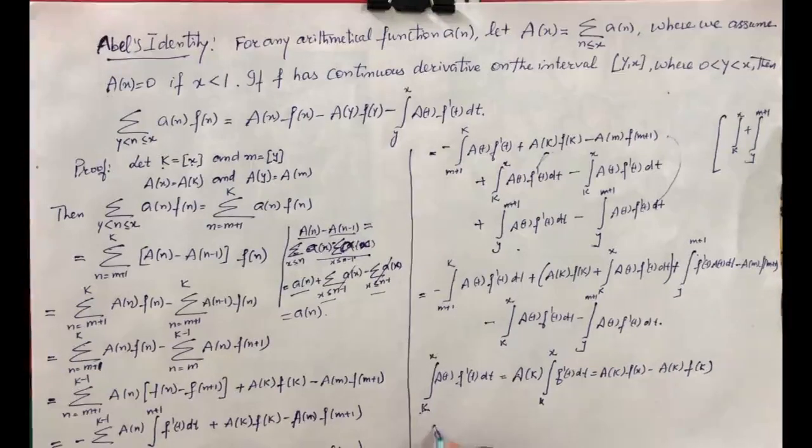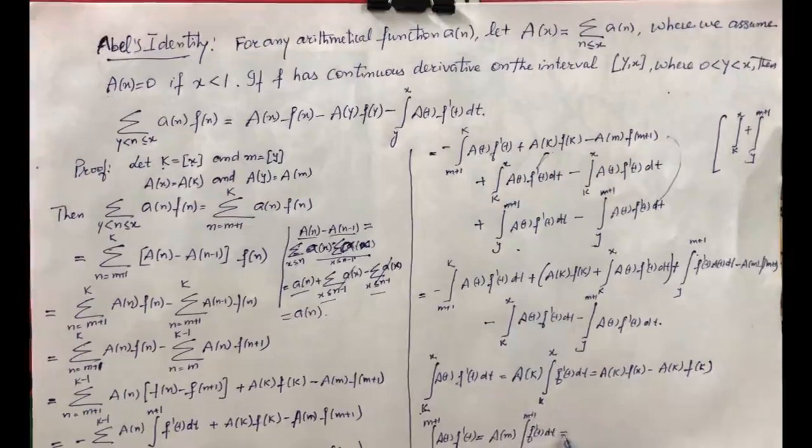Also the second integral, y to m plus 1 of A(t) f'(t) dt, may be written as, again here between y and m plus 1, A(t) equals A(m), which is constant, so taken out of the integral, the integral y to m plus 1 of f'(t) dt. So again solving this integral and putting the values of limits, A(m) f(m plus 1) minus A(m) f(y).